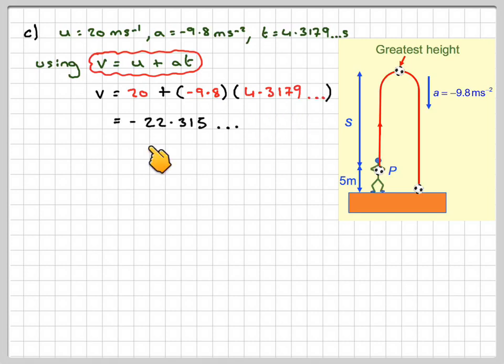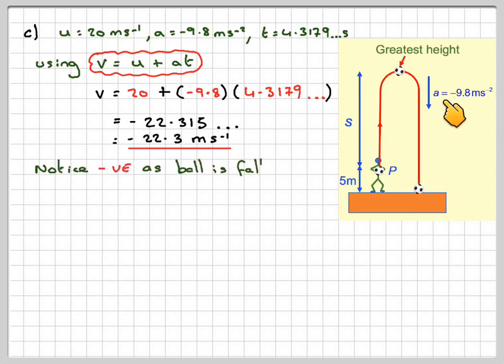That gives me minus 22.315, which is minus 22.3. It's negative because the velocity is acting downwards, as is the acceleration. So the velocity is negative because the ball is falling downwards.